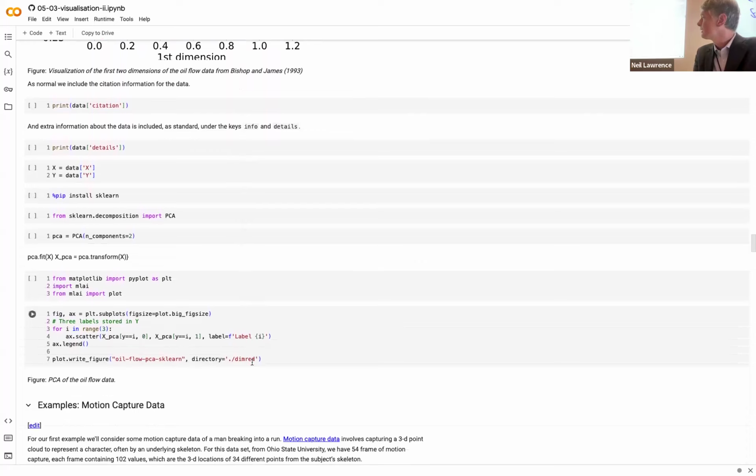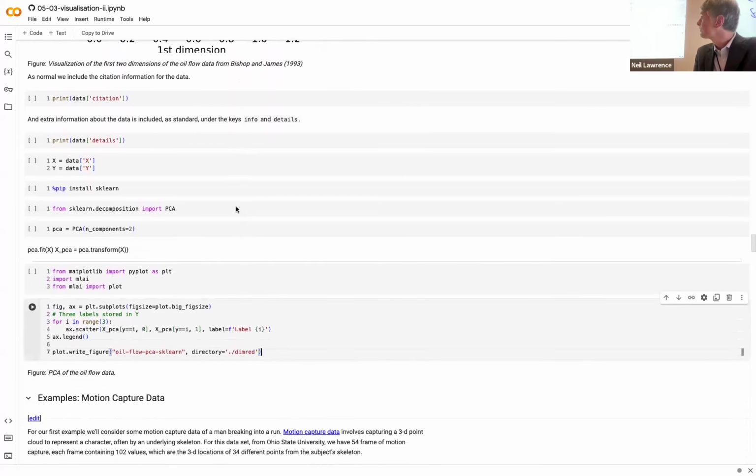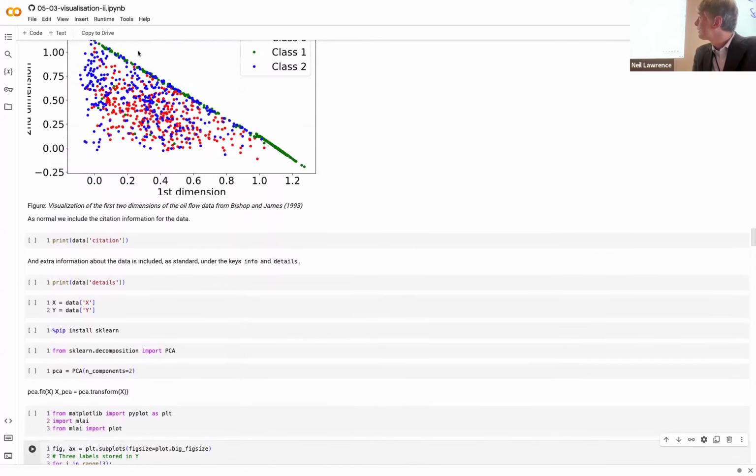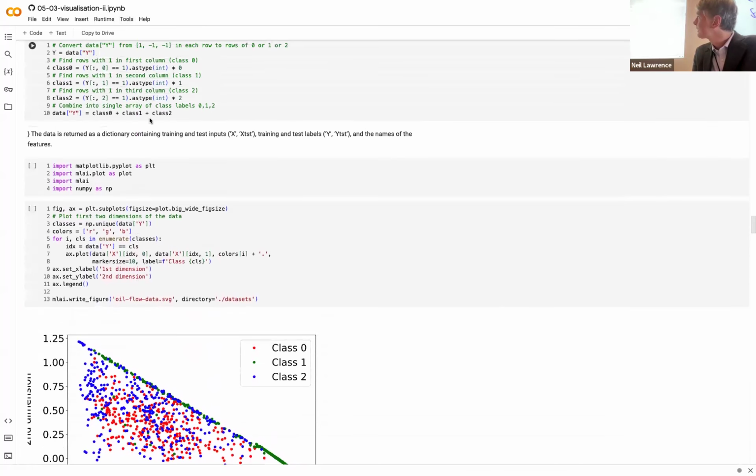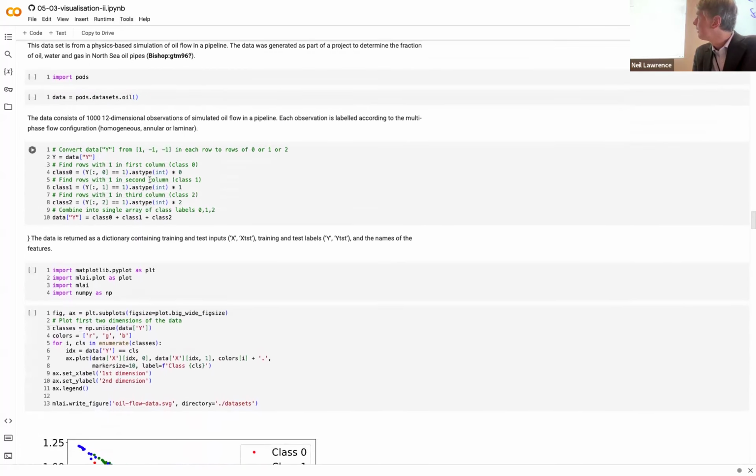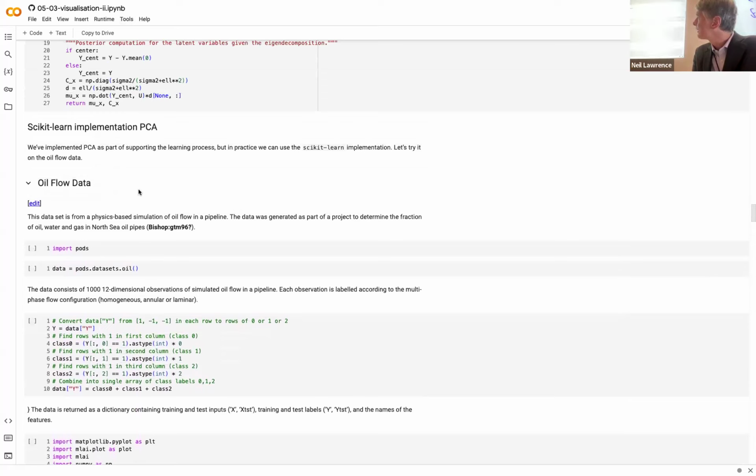So let's run these. I think I can just run from the scikit-learn implementation. Oh, it will want me to install pods, won't it? That's done at the top.